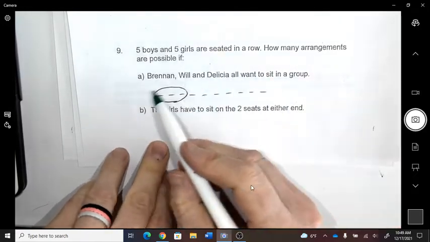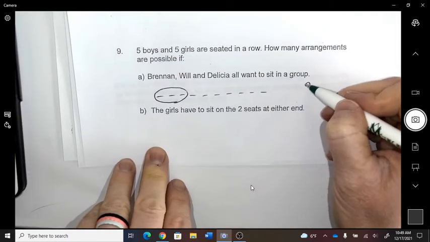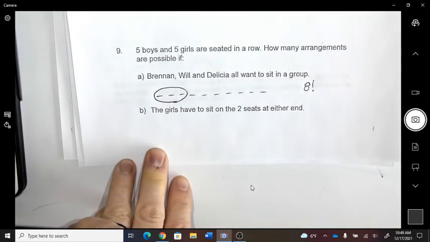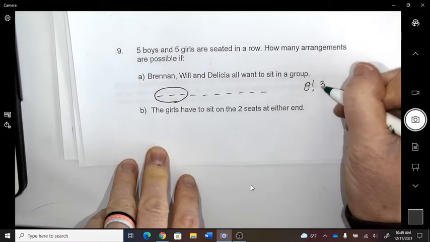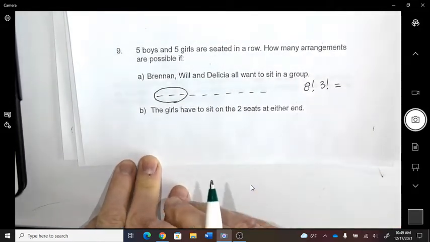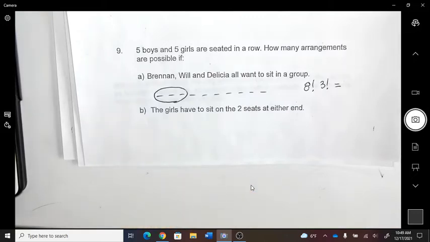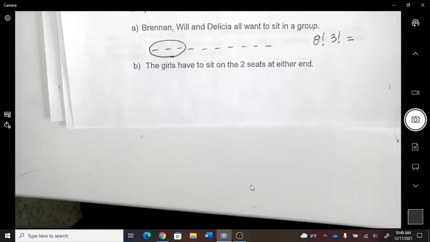How many groups would you move around now? 8 groups? Then what could happen within their own group? Okay, and again, we've had enough practice today with that, so obviously you can get that answered.